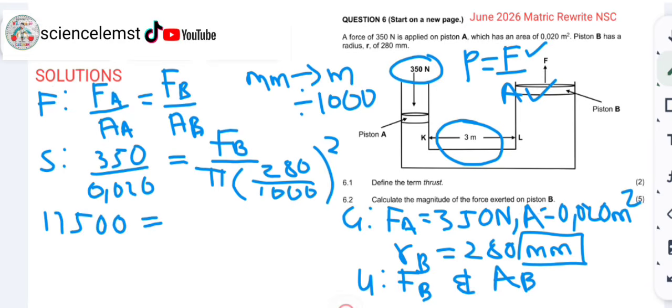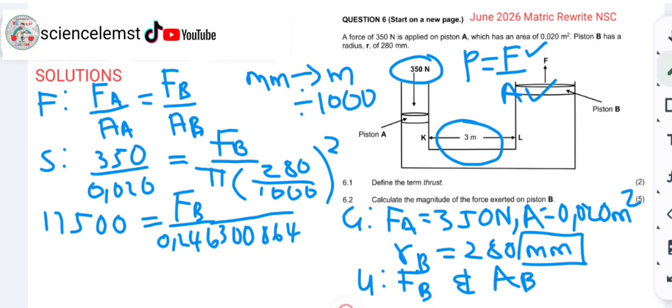17500 is equal to FB over, it's a long number, 0.246300.864. Okay. So at this point, you can choose. Either you multiply both sides with the value of the denominator, or you cross multiply. So I'm simply just going to cross multiply.